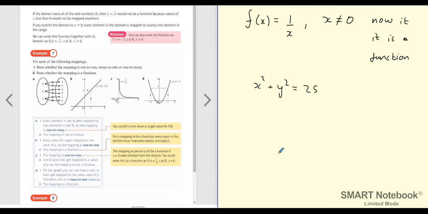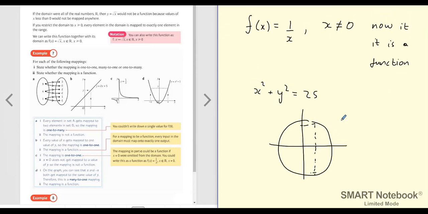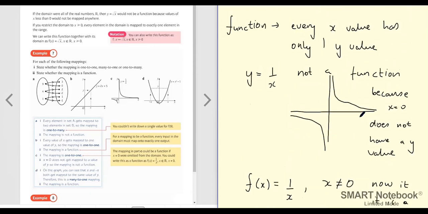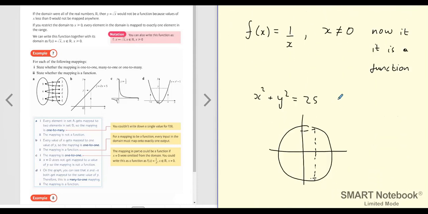The reason it's not a function is because one x value has multiple y values. We said a function only has one y value for each x value. Every x value only has one y value. This here, one x value has two y values. Therefore, not a function.